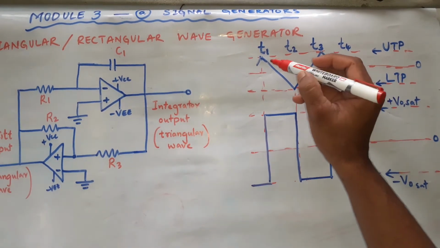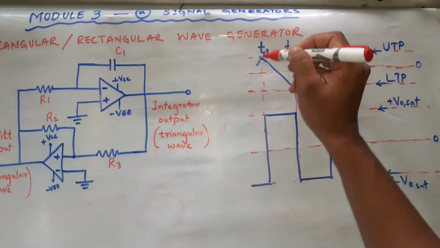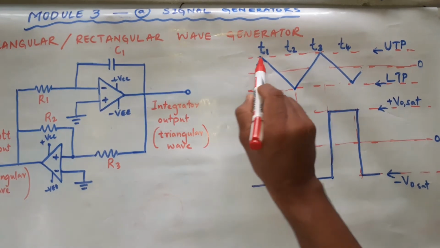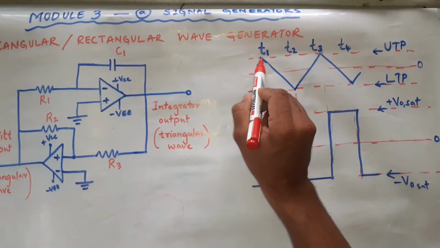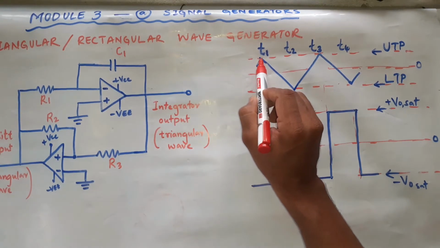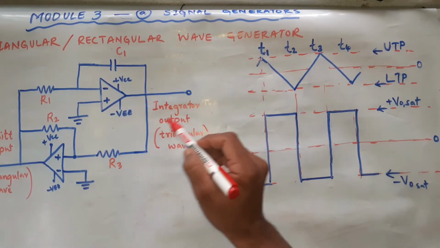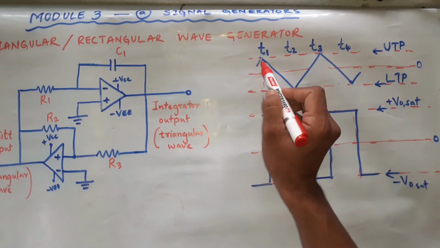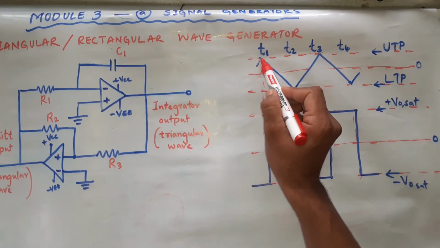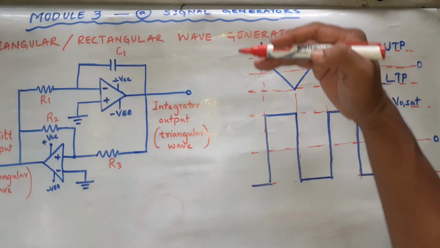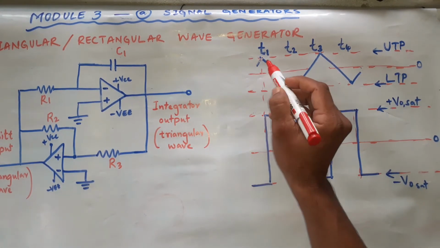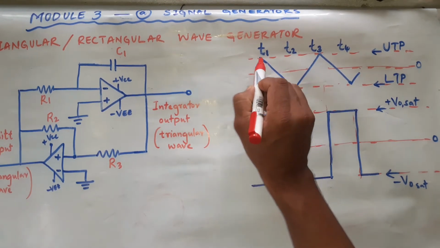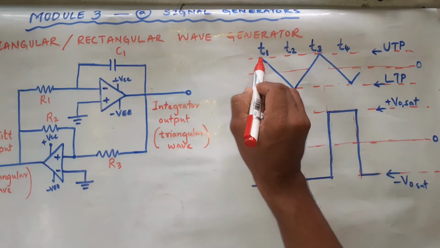All of you see here, at the instant T1, the integrator output, from the upper op amp, is at UTP. Why UTP? The upper line is UTP, the lower line is LTP. That is why I am mentioning that at this point we are at UTP.